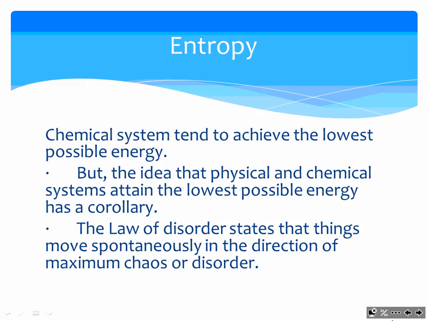So the whole idea is that the chemical system will achieve the lowest possible energy, but at the same time that it's achieving that, we have this law of disorder that goes hand in hand. So even though it wants the lowest possible energy, things are moving towards the greatest possible disorder, maximum amount of chaos.